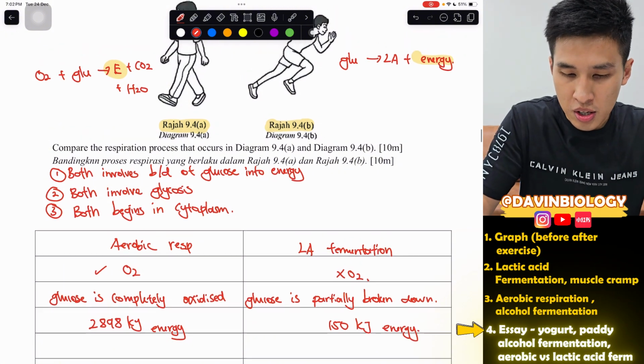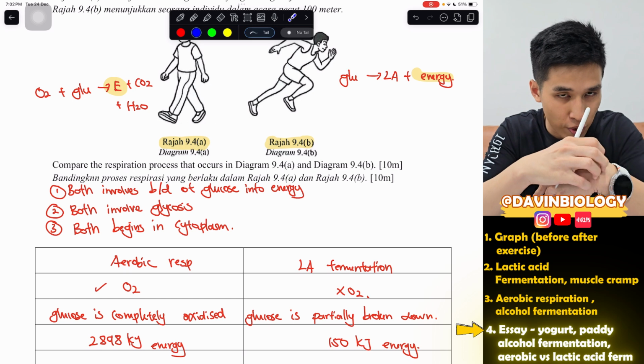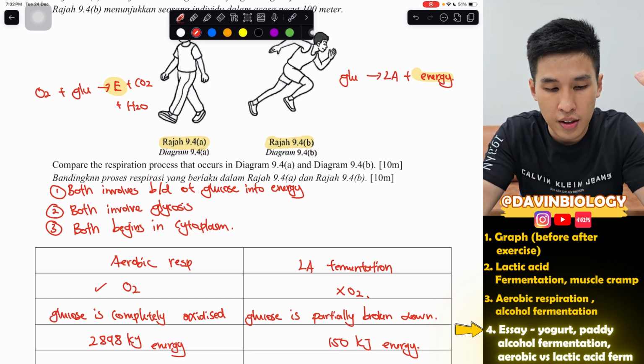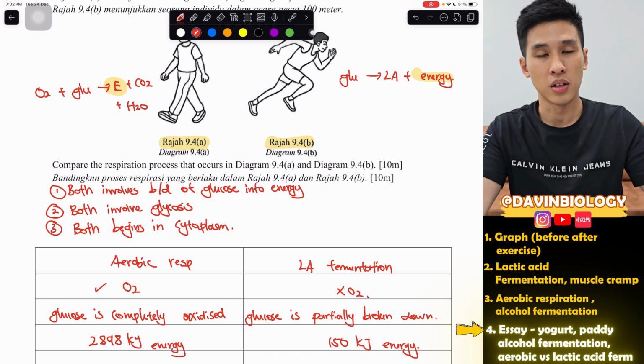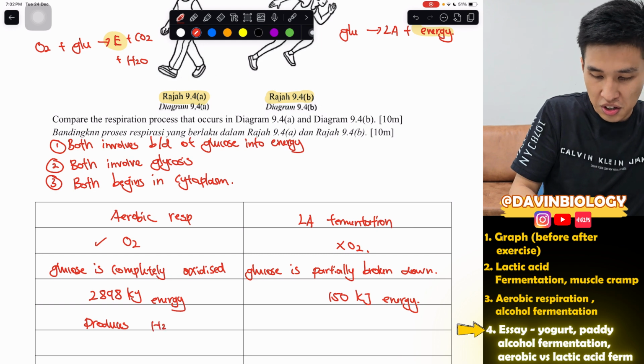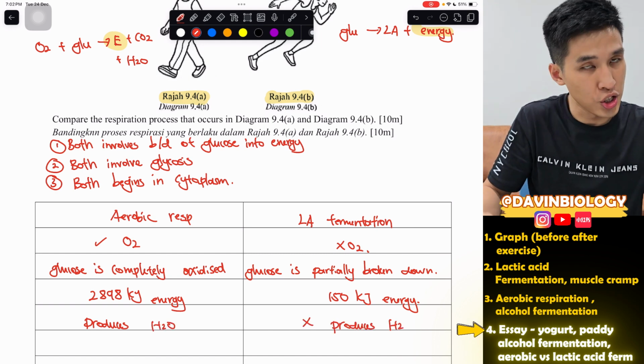Then for the remaining things, this is what our textbook gives us, and this is also what the marking scheme writes, exactly like the textbook. So pay attention. Number one, they say that it produces water, while the other does not produce water. Believe it or not, this is a legit answer.